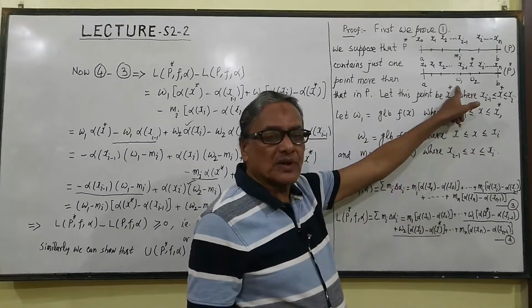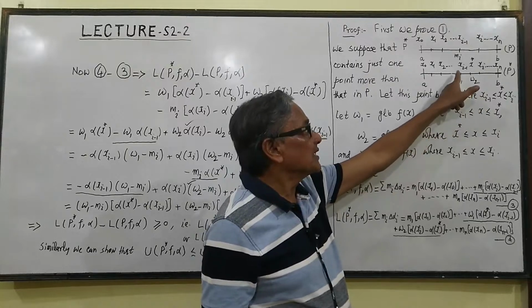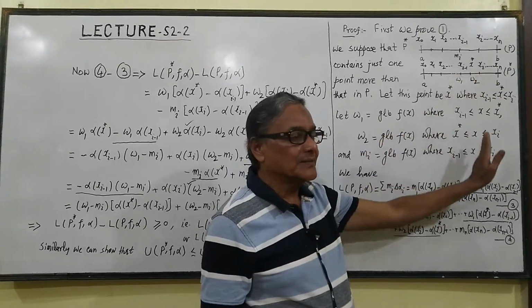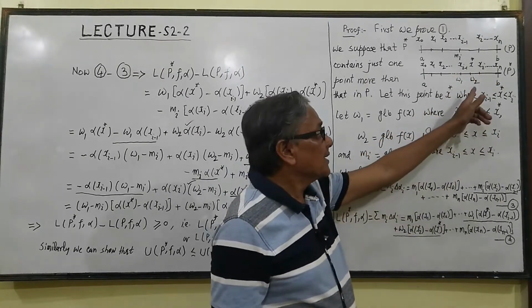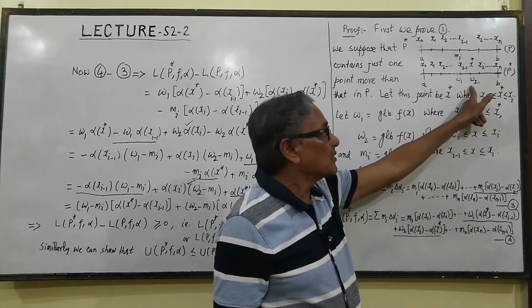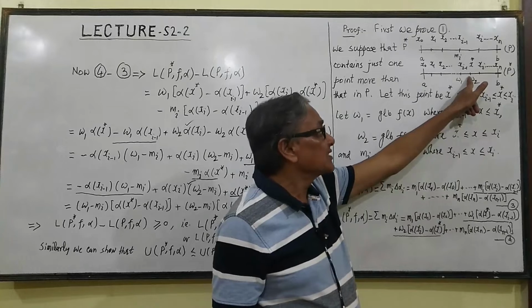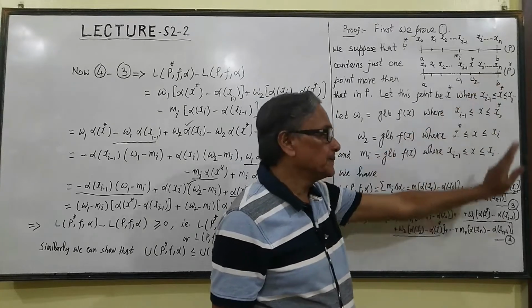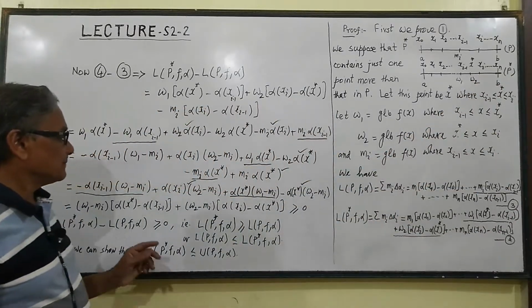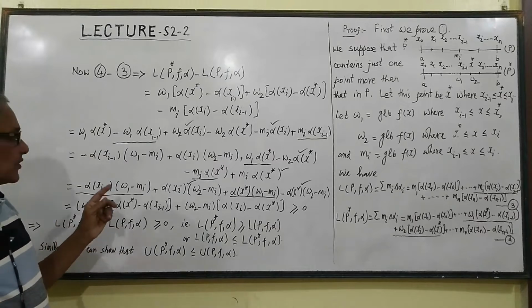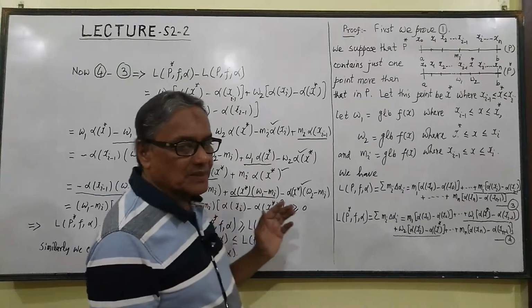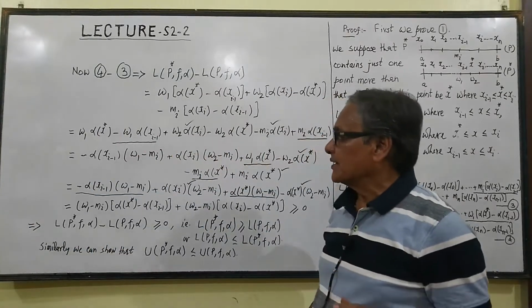W1 is the greatest lower bound of f(x) in xi minus 1 to x star, and W2 is the greatest lower bound of f in the subinterval x star to xi. So we are putting it in the form W1 minus mi and W2 minus mi.